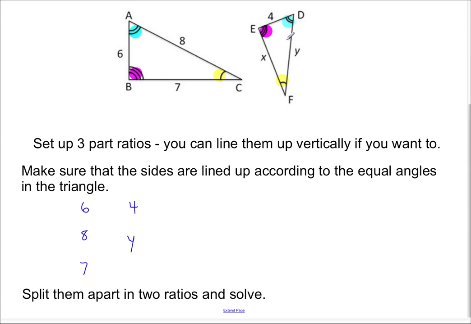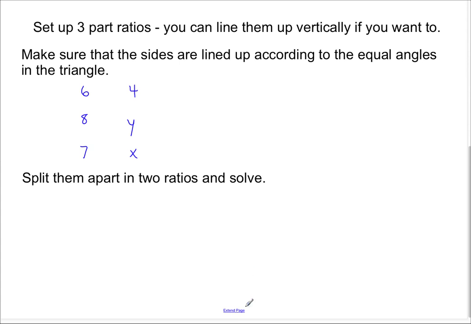And lastly, if we look at the 7, it's across from the double mark, which I've put in this blue color, and across from the blue mark there is the x. So we've got these lined up according to the equal angles, and you've got to be very careful when you're doing that. Now we're going to set up two ratios and solve the problem.